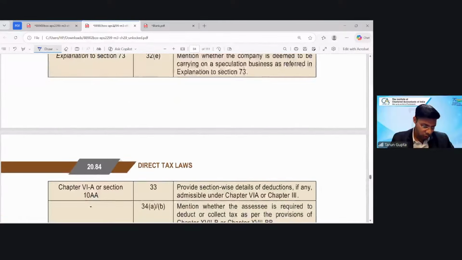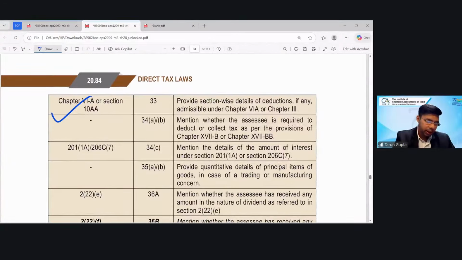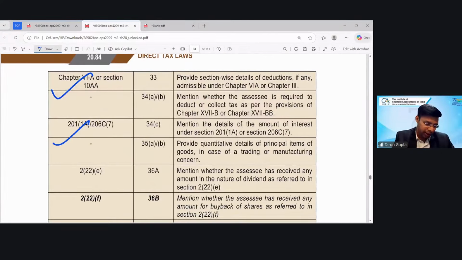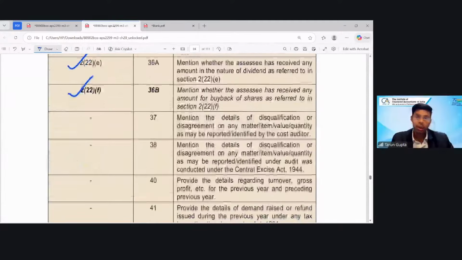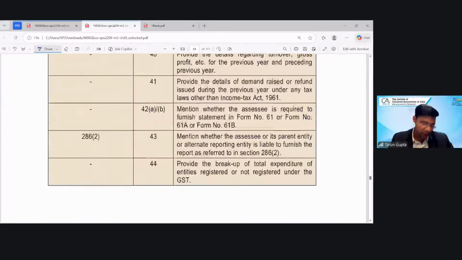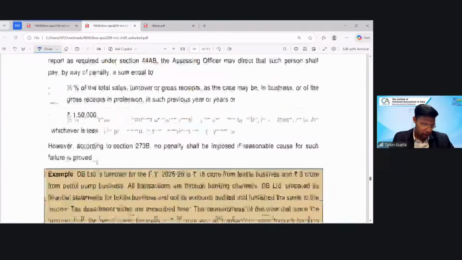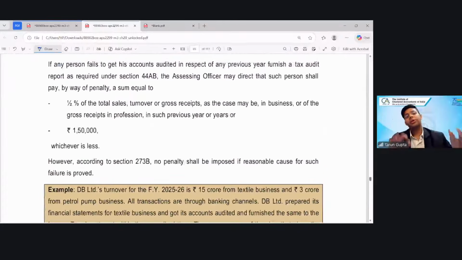Similarly, carry forward of losses, the amount of deductions allowed, the TDS provision, the dividend, deemed dividend or the buyback proceeds, the CDCR. All these provisions are covered under the Form 3CD, the tax audit report.